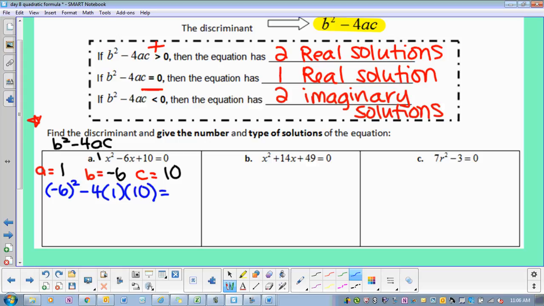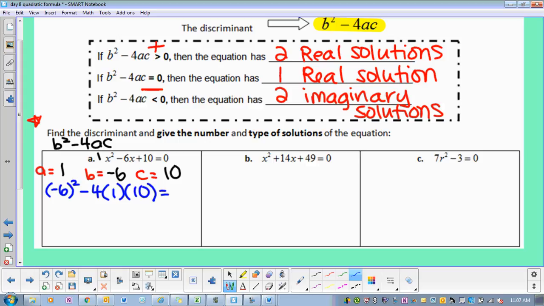Are you doing this? Come on, focus. If you plug that into the calculator, what do we get? -4.